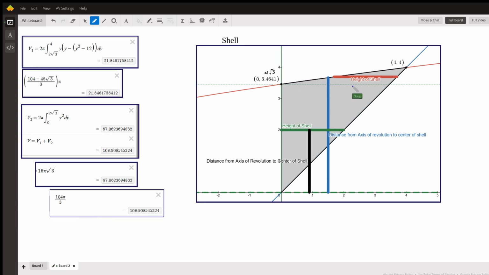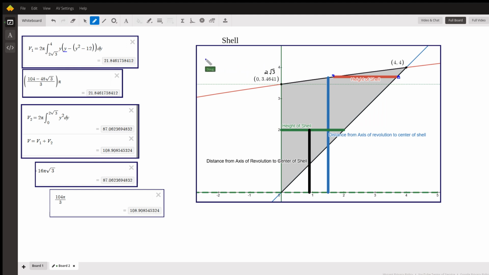So for the region above the green dashed line, this is the height of the shell. And remember, for the shell method, a typical shell is parallel to the axis of revolution. So we want to take the x-coordinate at the right minus the x-coordinate at the left for the height of the shell. And that's what this is right here.